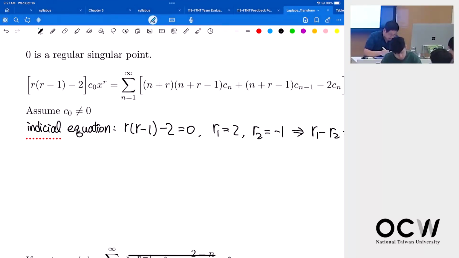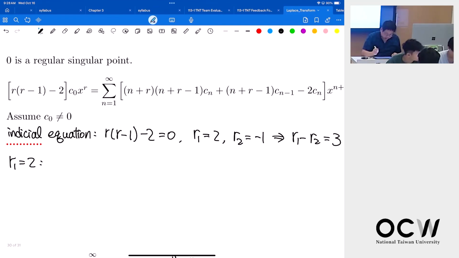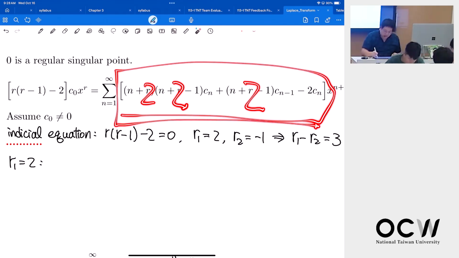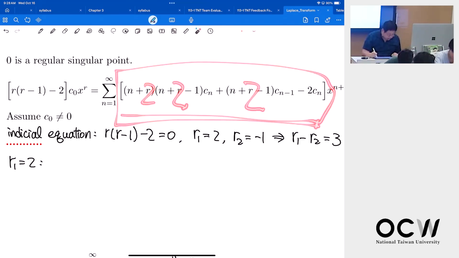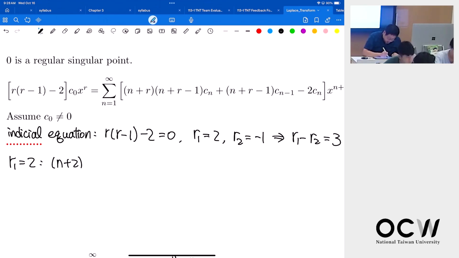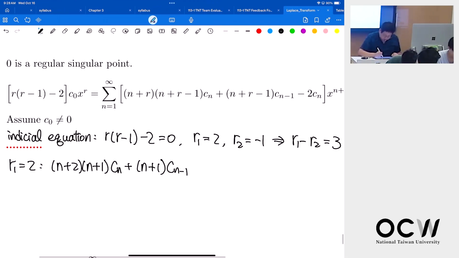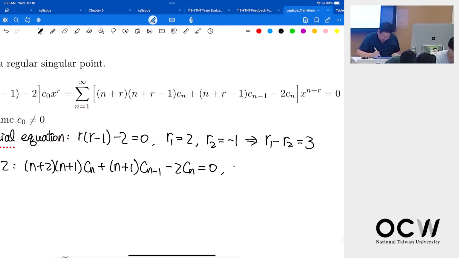So first, if r1 is 2, then this coefficient becomes (n plus 2)(n plus 1) cn plus (n plus 1) cn minus 1 minus 2 cn equals 0, and n goes from 1, 2, 3 to infinity.